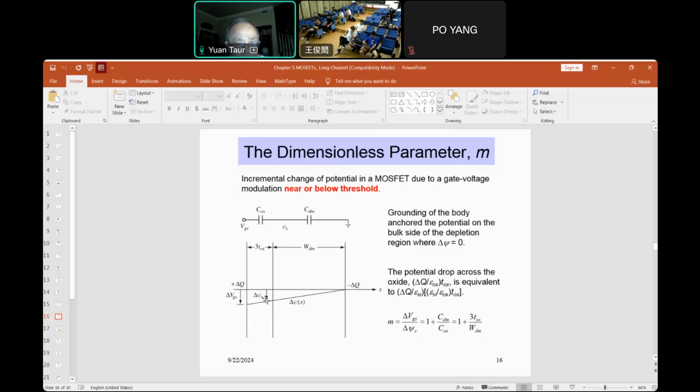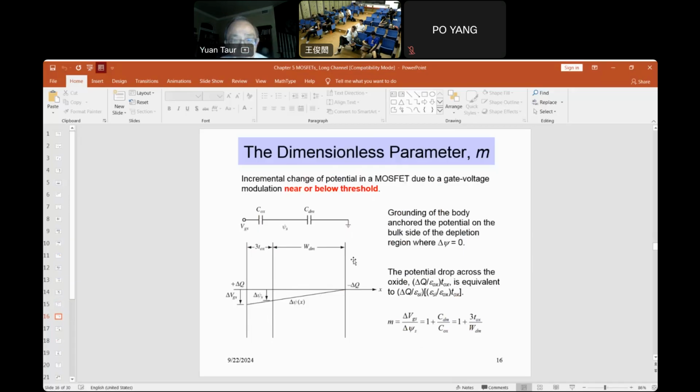But there's a difference between the external gate voltage and the internal surface potential, and that is given by M. In the ideal case, M equal to 1, which means that for whatever gate voltage change, you have the same surface potential change. That's when WDM is very far away, infinite.